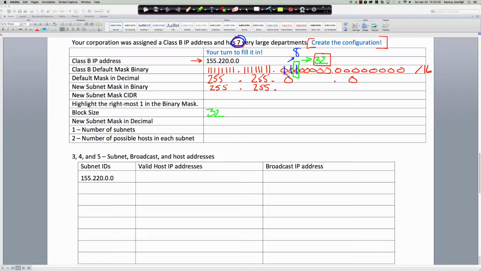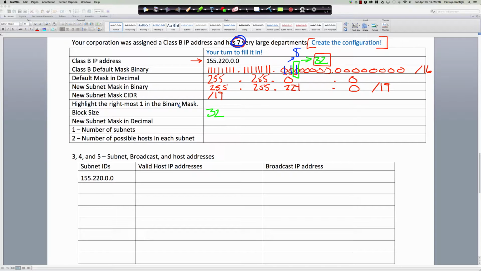We've borrowed 128, 64, and the bit position of 32, so we get 224.0. So the new subnet mask is 255.255.224.0. That is a /19 because we borrowed 3 bits from our original default mask of /16. And so again, the new mask is /19.